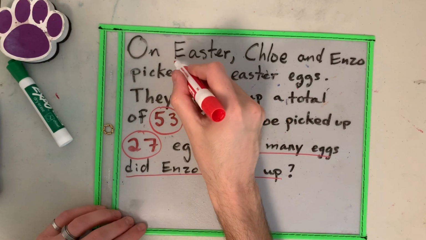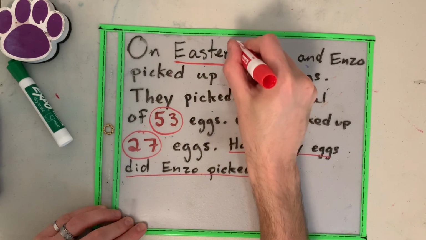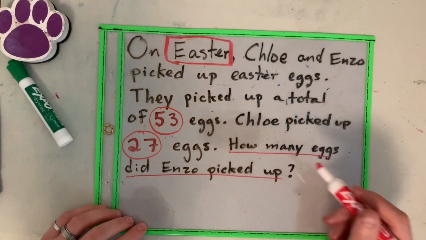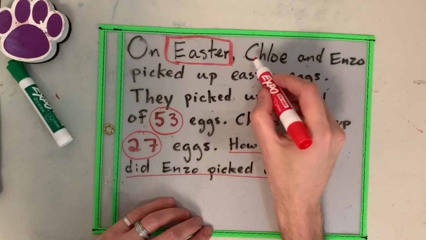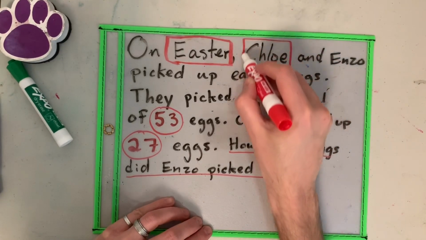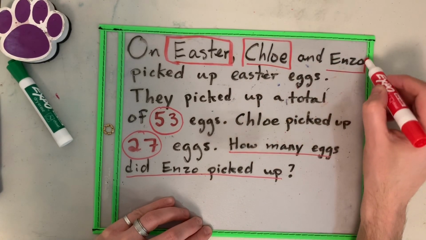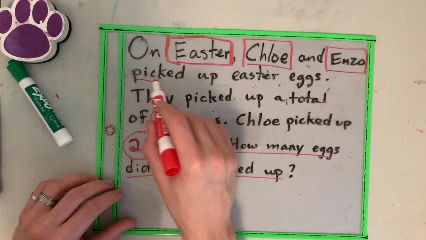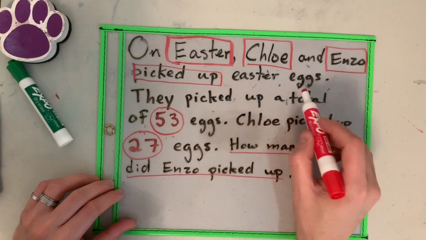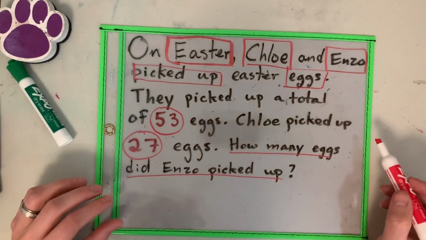We're talking about Easter. You know, Easter, when you pick up eggs with the Easter bunny. And there are two characters, hay dos personajes. We have Chloe and we have Enzo. And Chloe and Enzo, they picked up eggs. Ellos agarraron huevos.